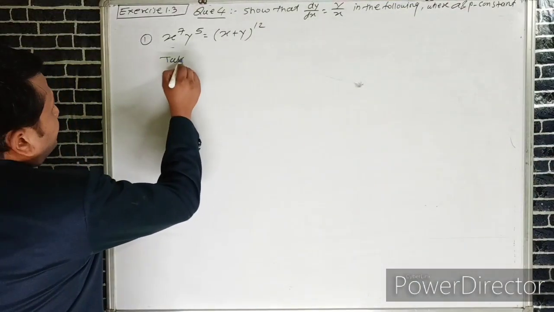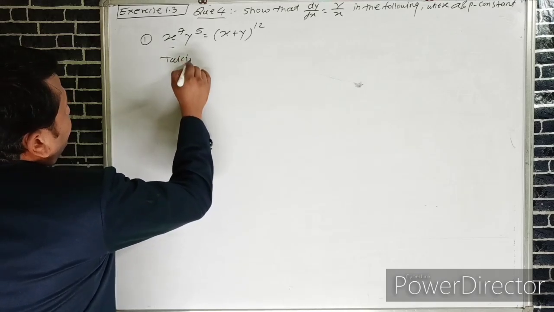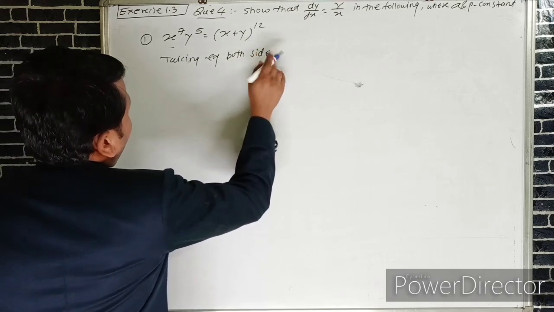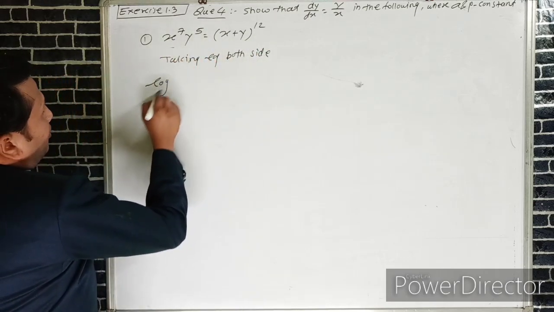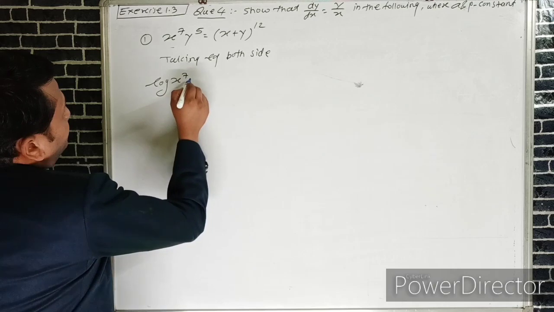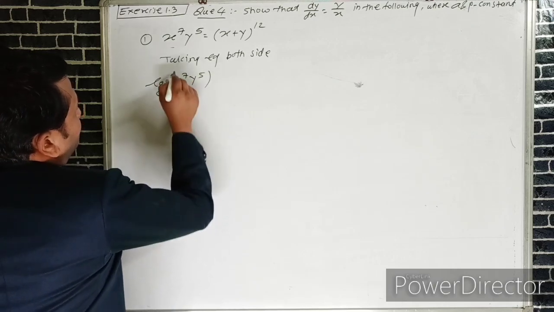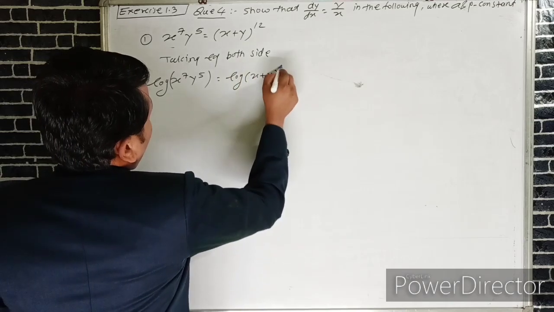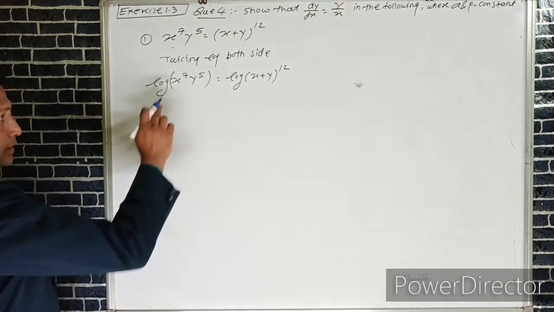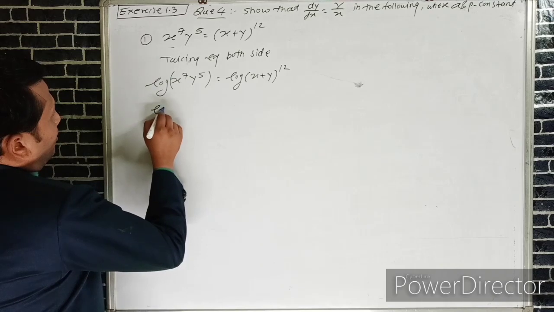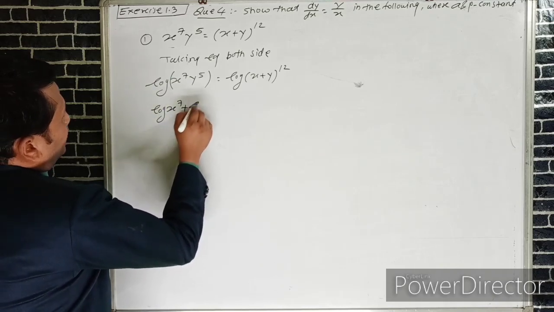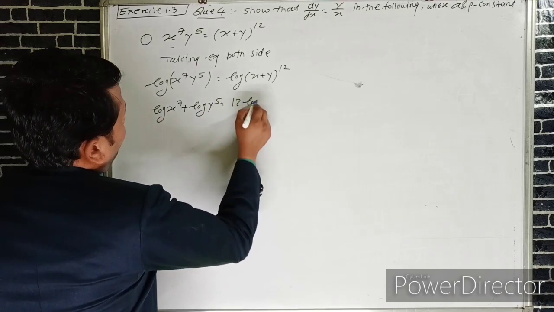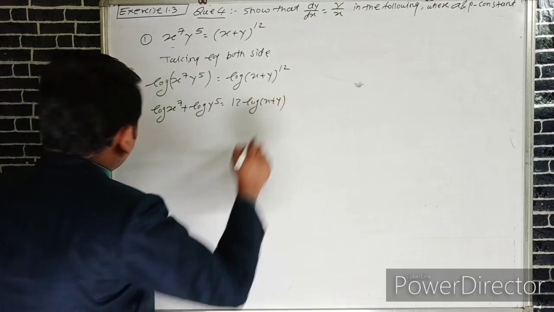Taking log on both sides, we can write log of x raised to the power 7 y raised to the power 5 is equal to log of x plus y whole raised to the power 12. Here we can write log of x raised to the power 7 plus log of y raised to the power 5 is equal to 12 log of x plus y.